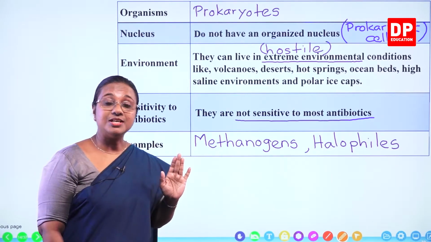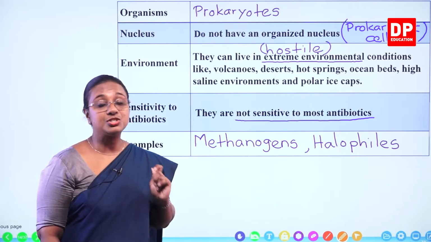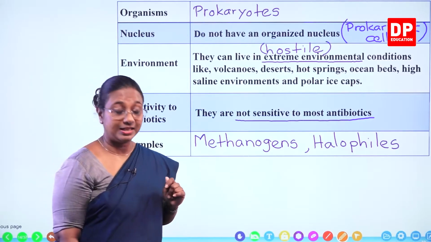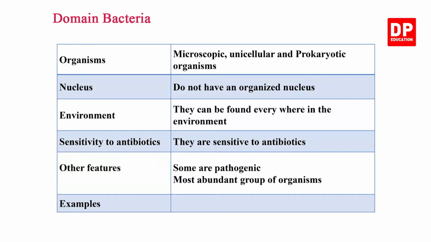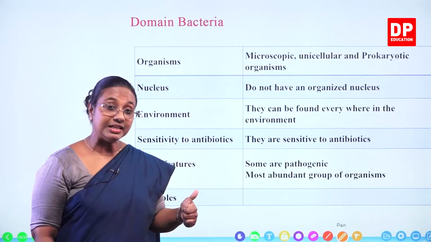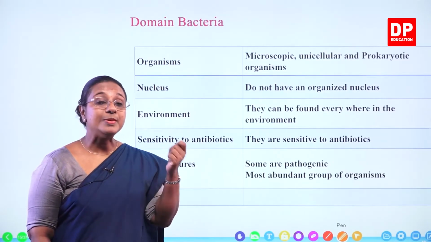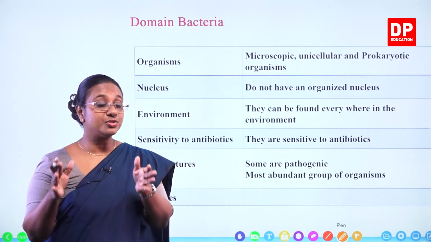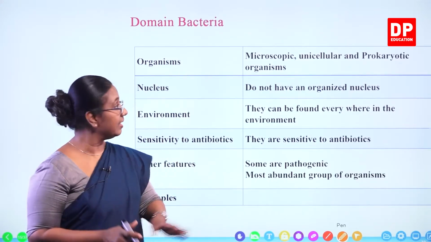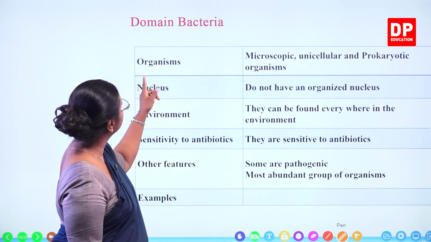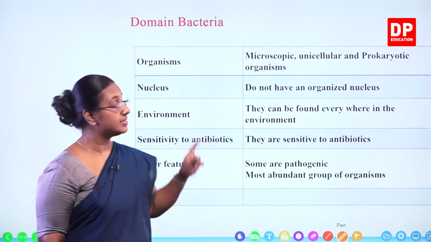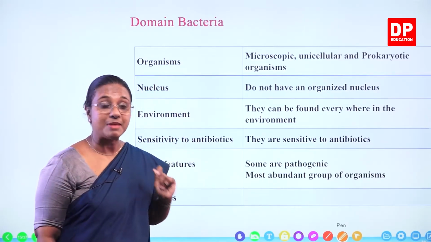With that, students, I will move on to the next domain, that is Domain Bacteria. Under Domain Bacteria, there are two main types of organisms, bacteria as well as cyanobacteria. When we say cyanobacteria, they also have the term bacteria in their name, so you can easily remember both those types of organisms belong to Domain Bacteria.